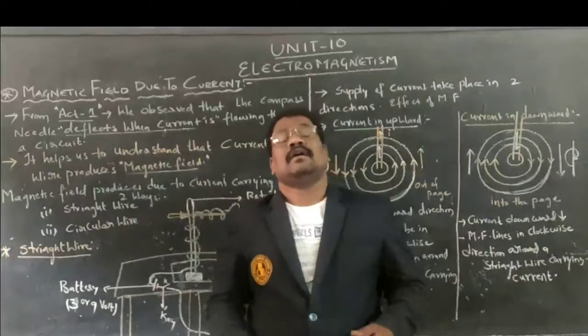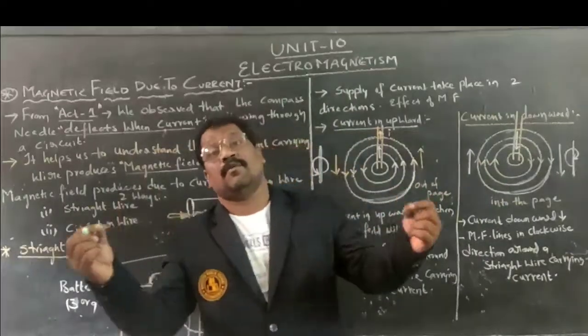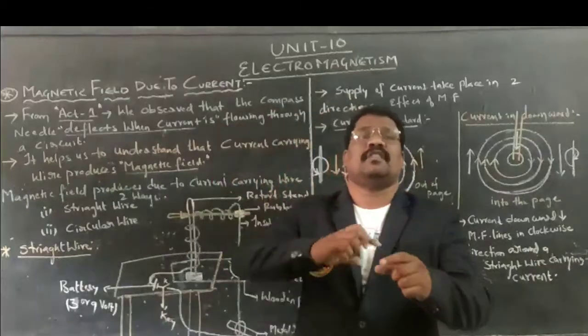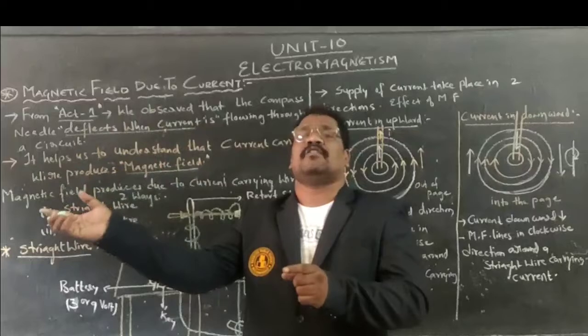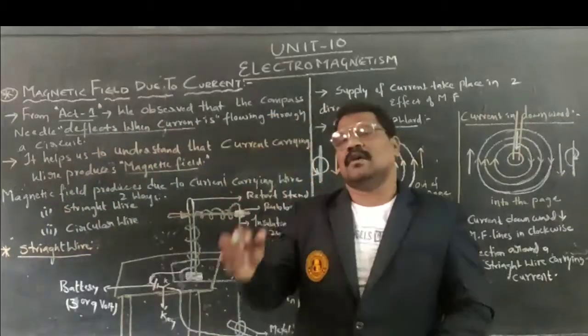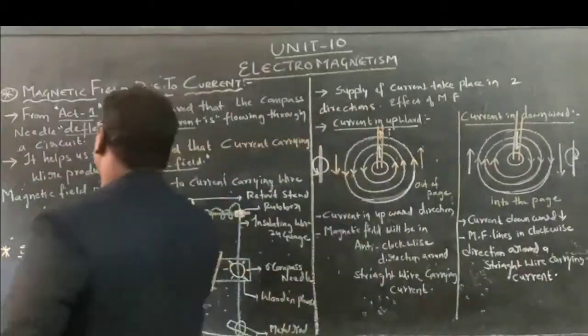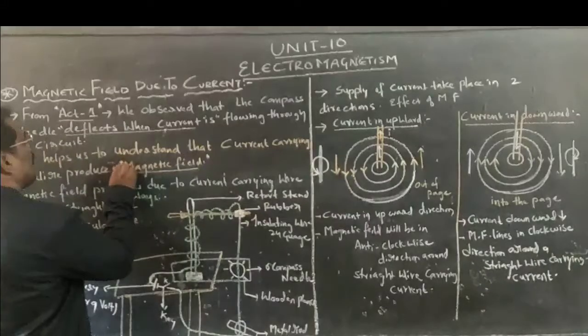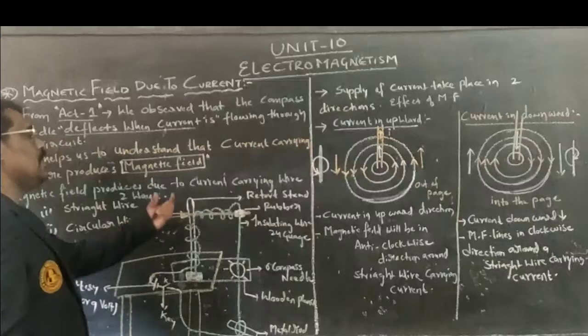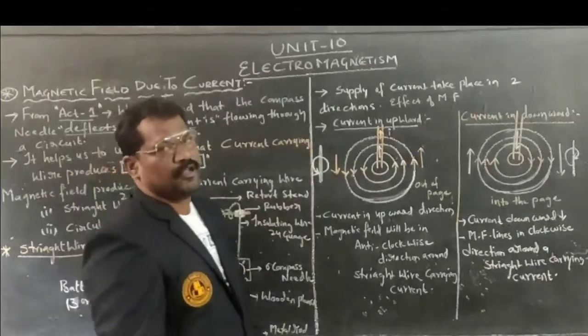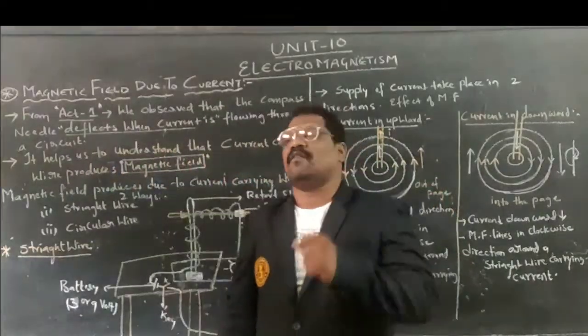Like poles repel each other, unlike poles attract each other. Based upon that, the compass needle will get deflected either away from the north pole or towards the south pole. Based upon that, we can say that the current carrying wire is producing a magnetic field.